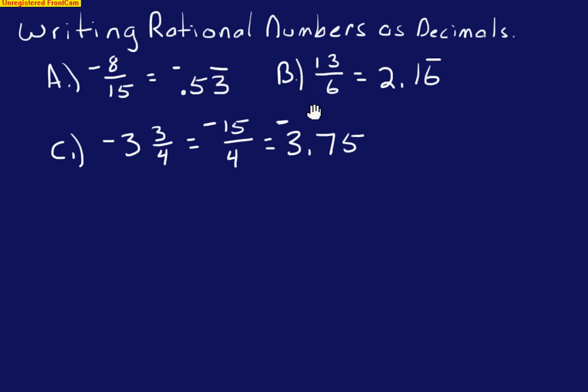On B, same process, 13 divided by 6, and you get 2.16, and the 6 repeats, so I put that up over there, and we know it's positive. And the last one, we just had a mixed number, and we converted that into an improper fraction, which is your -15 over 4. And then we divided 15 by 4, got 3.75. We knew that it was negative, and that one doesn't have a bar over it because it's not a repeating decimal, it's a terminating decimal.